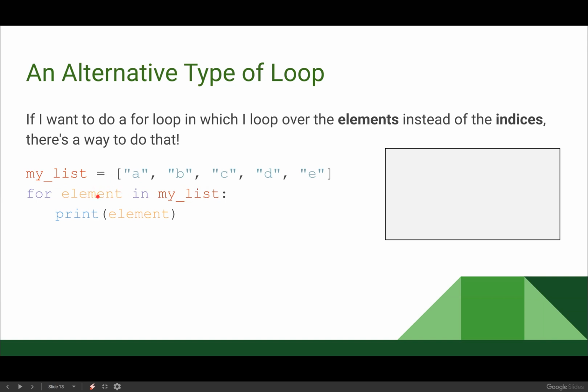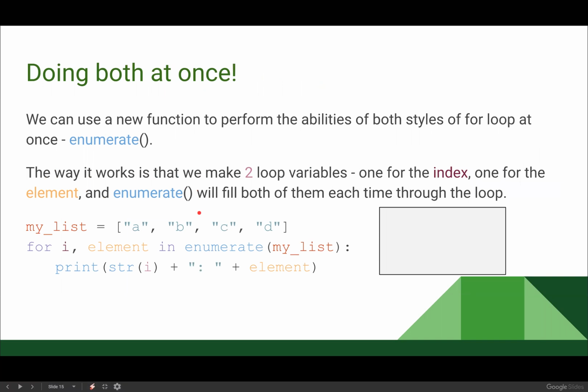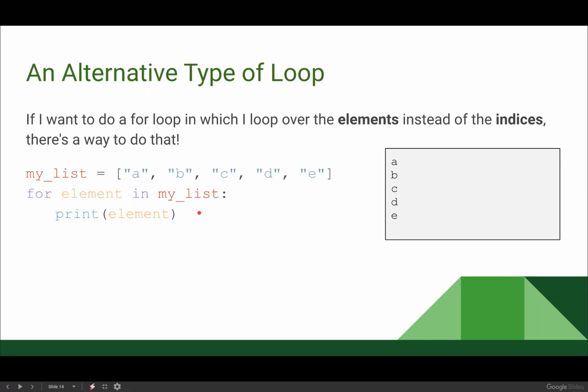So for each thing, we're going to print that thing. So this is also going to print A, B, C, D, E. Element is going to equal A, and then element is going to equal B, and then element is going to equal C, etc. Our element variable is going to equal each of the individual elements from my list, one after the other. Does that make sense, how we can use that other type of loop?